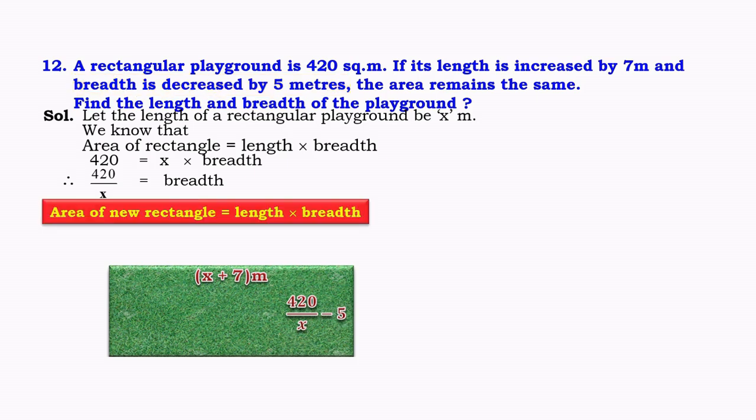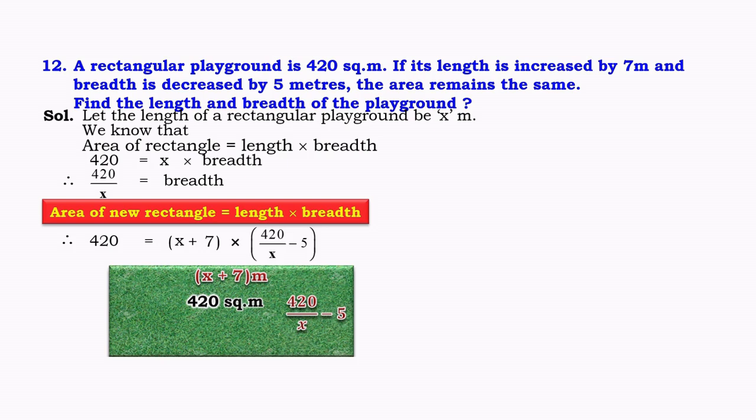Hence, the area of the new rectangle is also 420 square meters. Area of the new rectangle equals length multiplied by breadth. Therefore, 420 equals (x plus 7) multiplied by (420 divided by x minus 5).